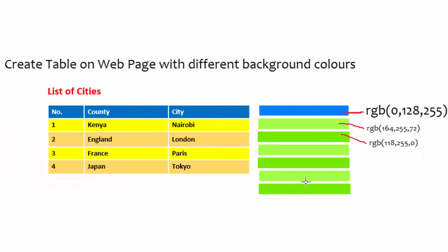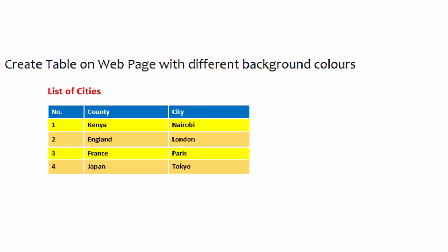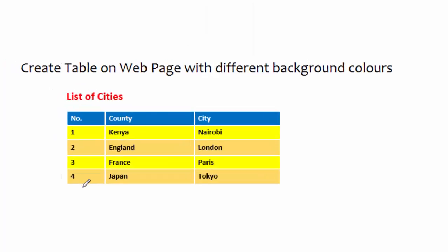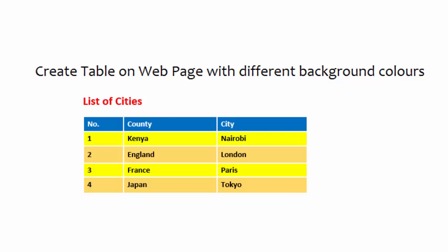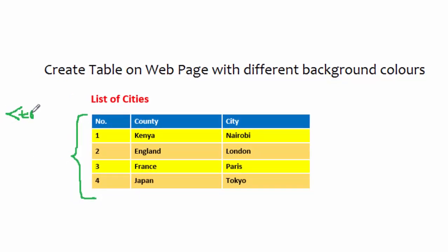Now, before that, I'm going to specify some of the things here. When you want to make a table in HTML, this is what you do. You first define the beginning and end of that table using the table tag, like this.